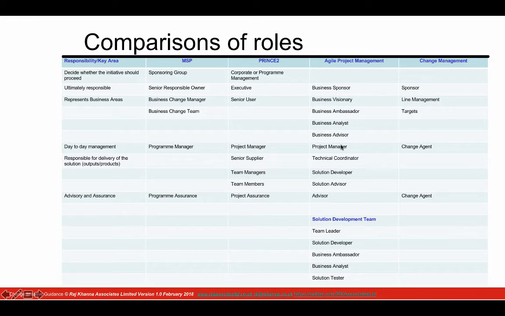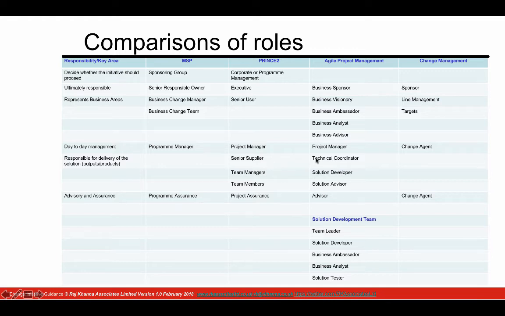The day-to-day management, like PRINCE2, is done by a project manager. Then you have a technical coordinator, and they are the equivalent of a senior supplier. They're actually looking to see whether the solution that you're asking for would work from a technical perspective. So is it okay to put the fridge and the cooker next to each other?